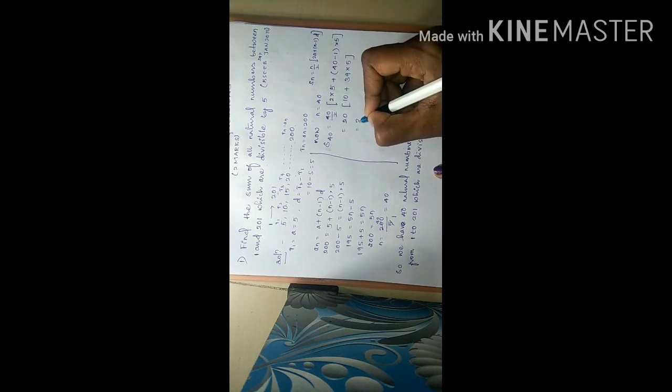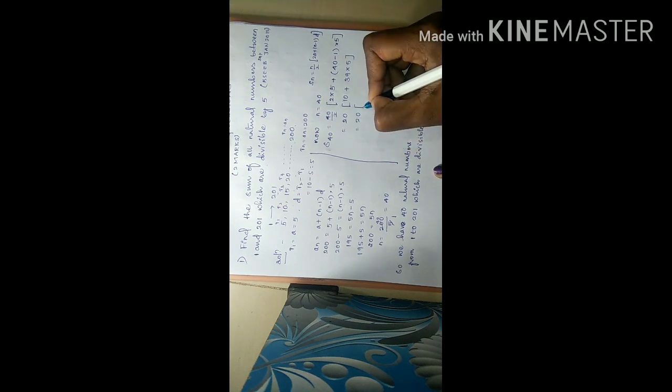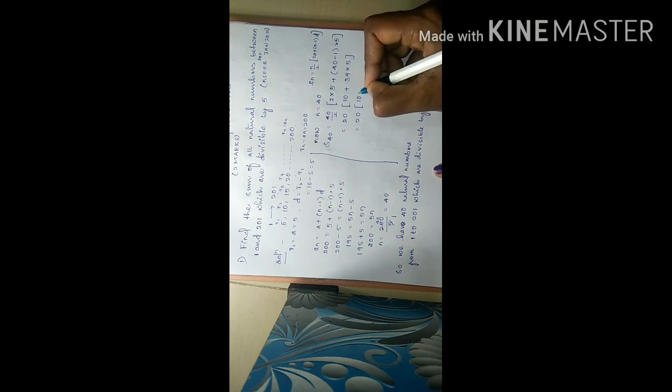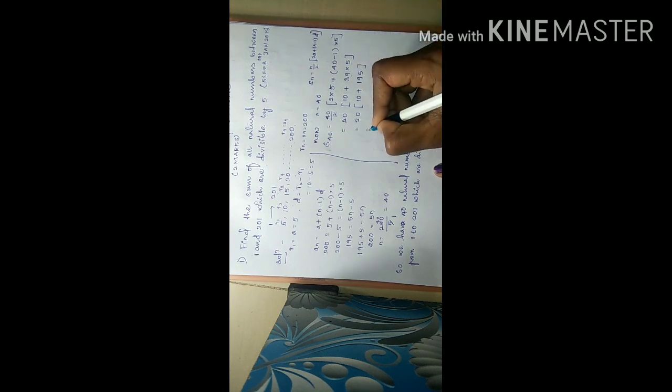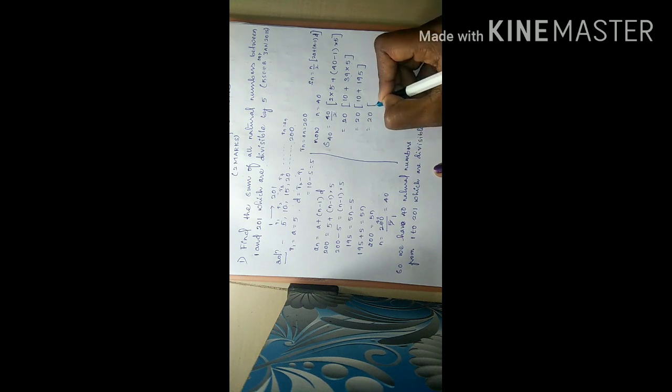Then 20 into 10 plus 39 into 5 is 195. Now 20 into 10 plus 195 is 205.